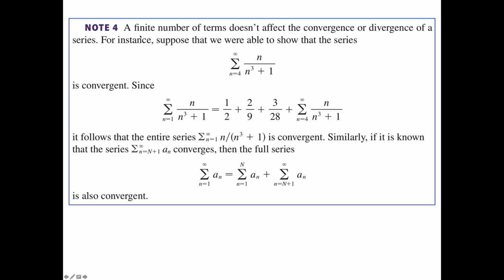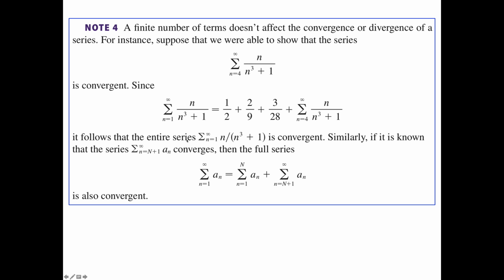All right, so a finite number of terms doesn't affect the convergence or divergence of a series. For instance, suppose that we were able to show that the series starting at n equals 4 to infinity of n over n cubed plus 1 is convergent. Well, the series from n equals 1 to infinity of the same sequence function would add 1/2 plus 2/9 plus 3/28 plus the rest of our terms, which is up here.